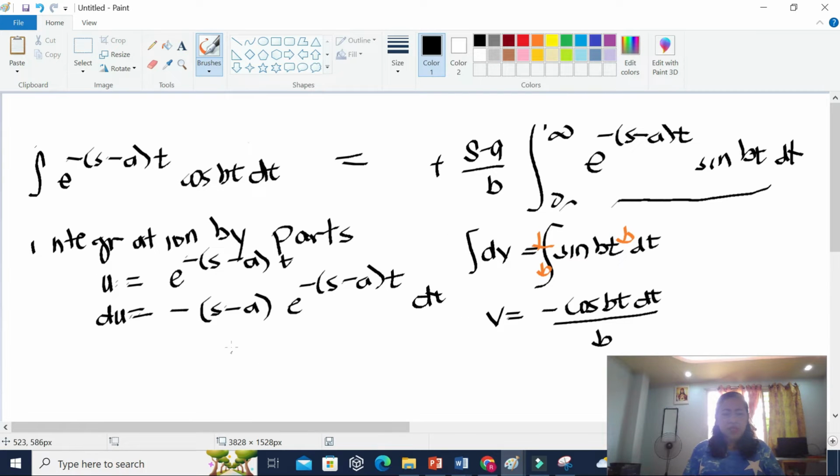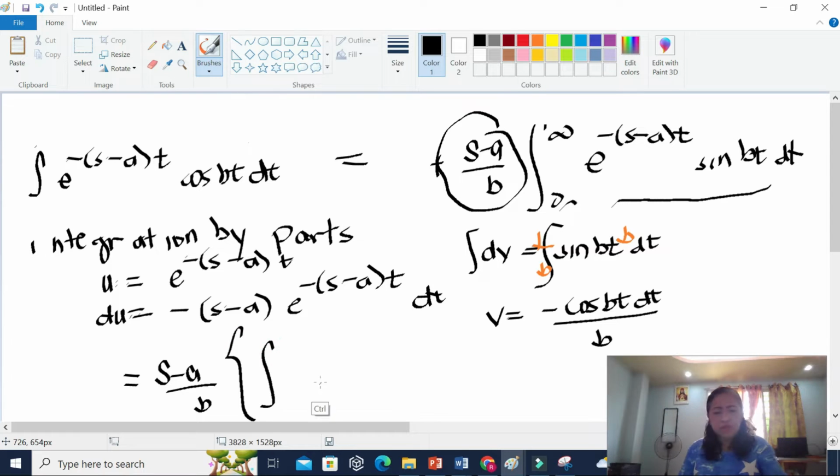So, completing this now, you have, okay, ito, s over a. Meron tayong factor na s minus a. Okay, so this will now be equal to, so huwag mo kakalimutan si s minus a over b, to be multiplied by u. So, our u is e to the negative s minus a t, times v.